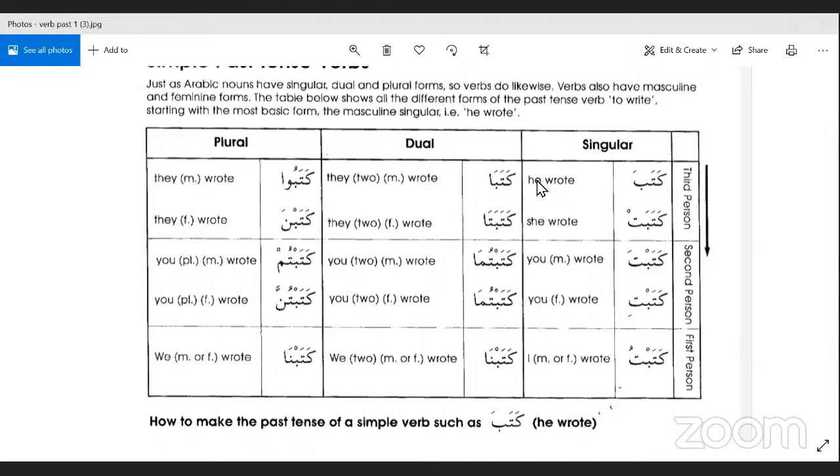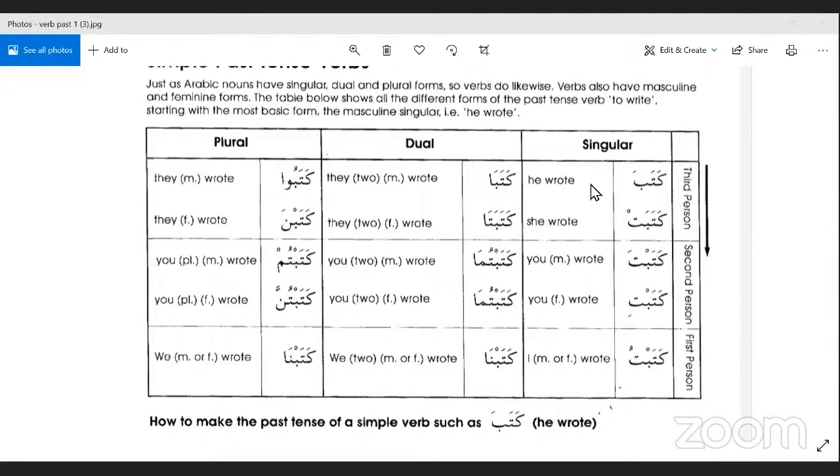Okay, now there are 14 forms for the past tense verb. Every verb requires a suffix which represents who is performing the action. As there are 14 forms, there are different letters which represent different individuals performing the action.